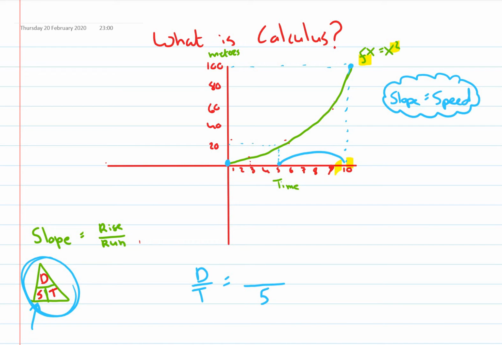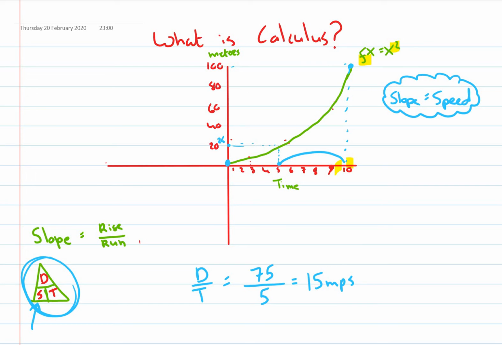And the distance he travelled is from 25 meters up to 100 meters, so 100 minus 25 is 75 meters. If we divide 75 by 5, we get 15 meters per second. So in the second half of the race, his average speed was 15 meters per second.